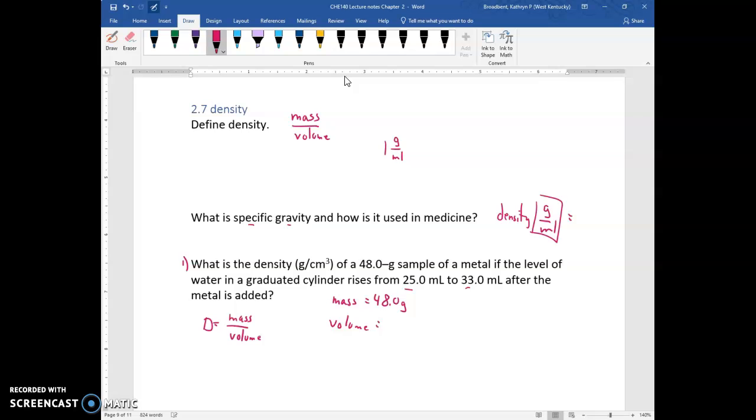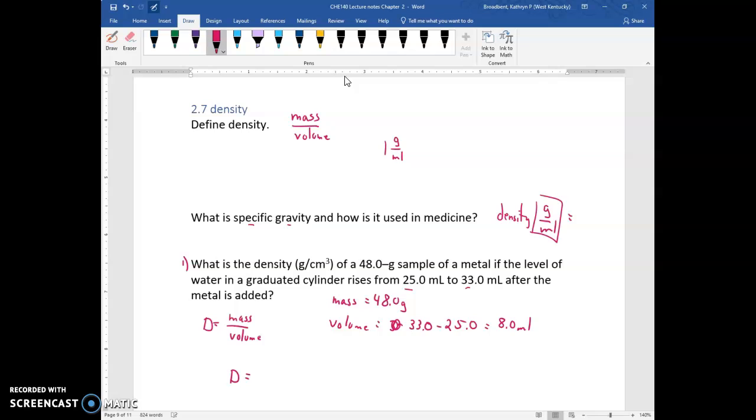So the volume of the metal is going to be the difference in those two numbers. So it would be 33 minus 25 will be the volume of the metal, and that's equal to 8 milliliters. Okay, so now we have the mass and we have the volume, so we can fill in our problem.